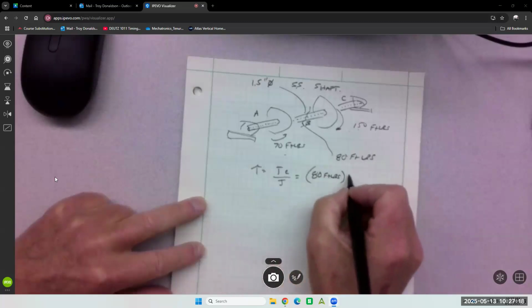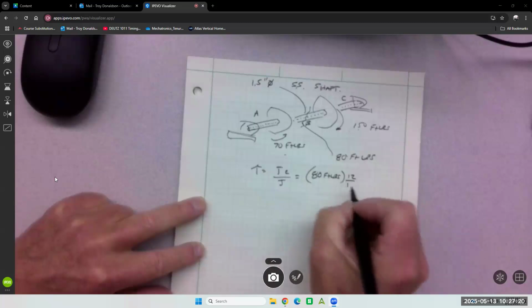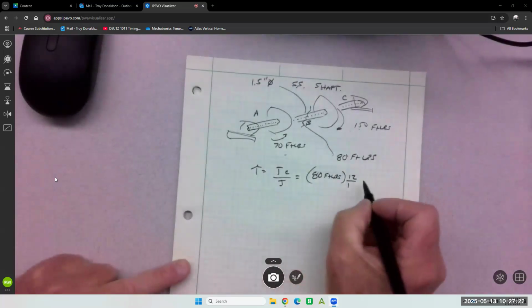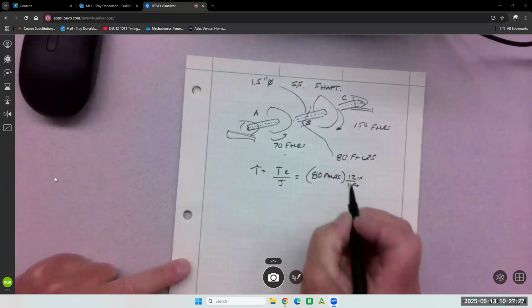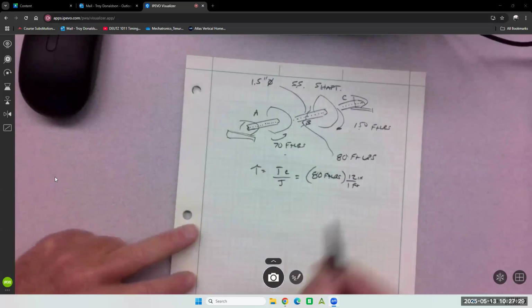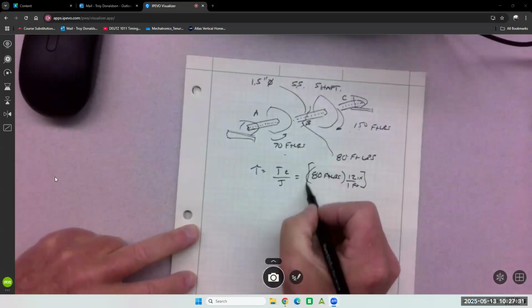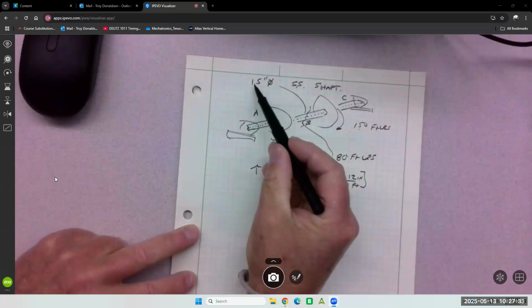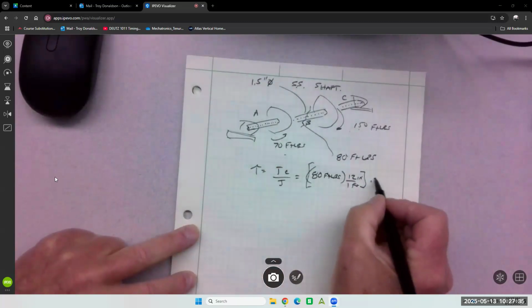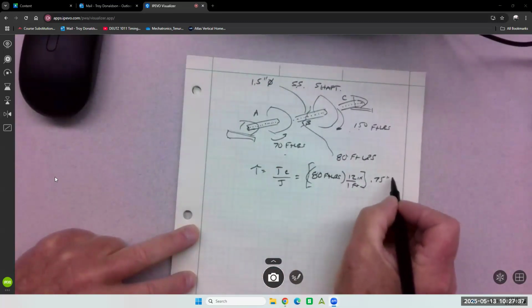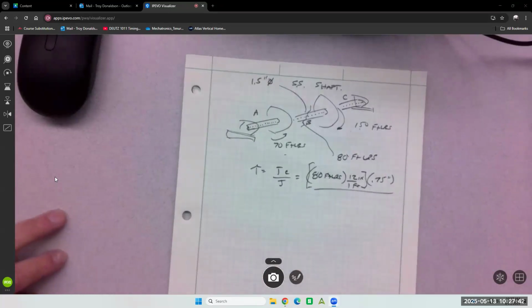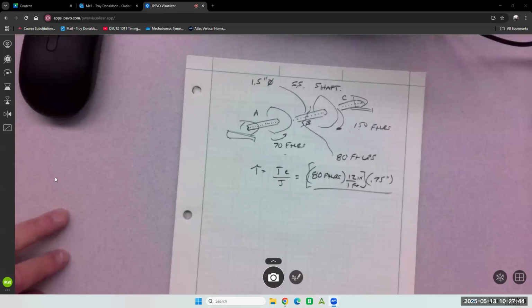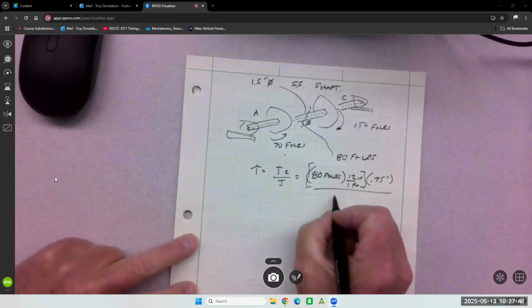I know I'm going to want that in inches, so I'm going to go 12 over 1, 12 inches per foot, and get rid of that foot right away. And then I need C, which is half of the 1.5. And then J again. Round shaft, pi d to the 4th over 32.